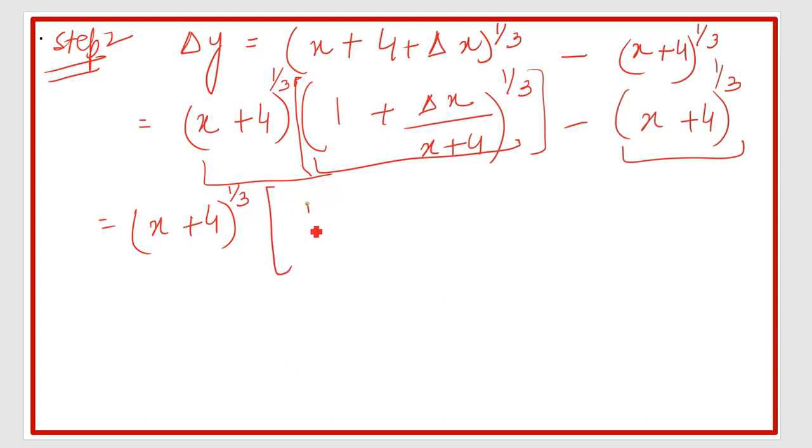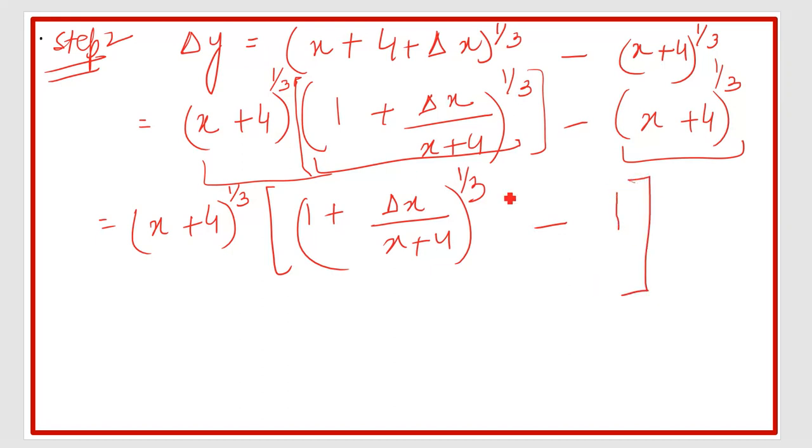So here we have 1 plus delta x divided by x plus 4, whole power 1 over 3, and this one we have taken as common, so it means here we have 1. Now we are going to apply the binomial theorem on this part, (a plus b) whole power n.